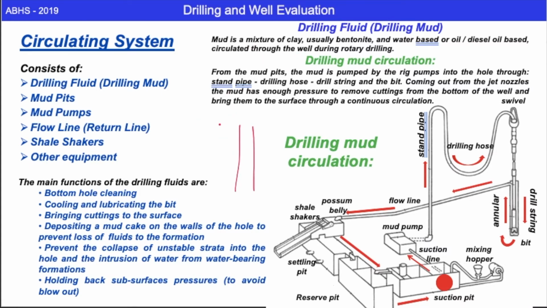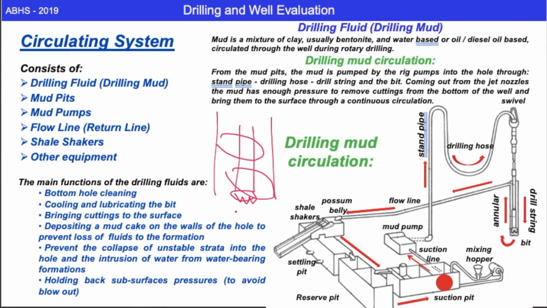Let's say this is the well and we have the rig here. Usually it's circulated with the mud to ensure that the drilling can run smoothly. The main functions of the drilling fluids are usually to clean up the bottom hole, and also to cool and lubricate the bit, the bottom part here, so it doesn't get too hot.